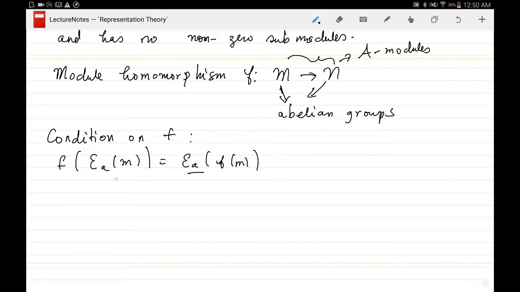Note that we have the same endomorphism acting because both M and N are A modules.